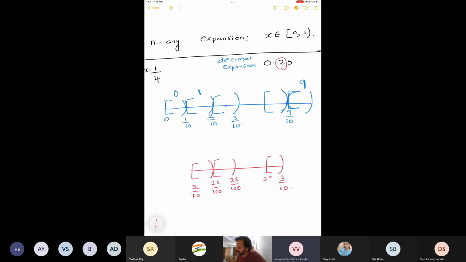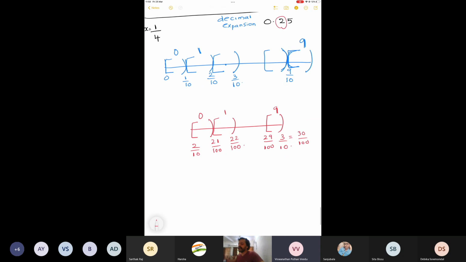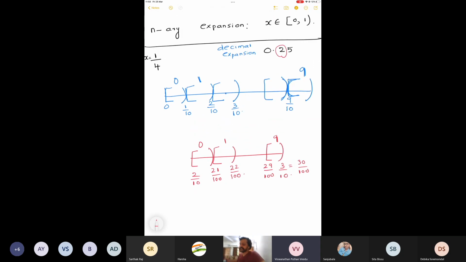The last one will be 29/100 to 30/100. Label them 0, 1, 2, 3, up to 9. Now you look at 1/4 and see in which subinterval of [2/10, 3/10) it lies.